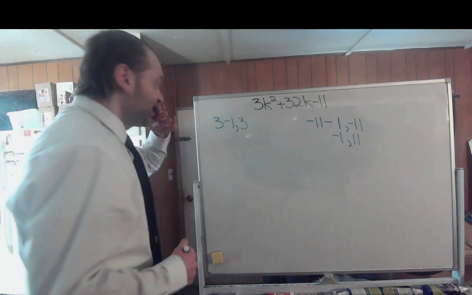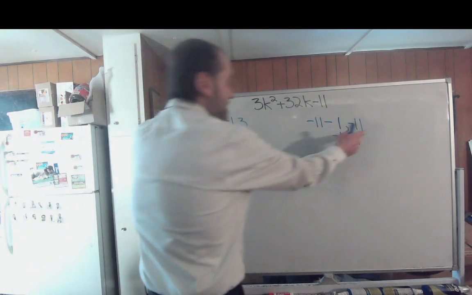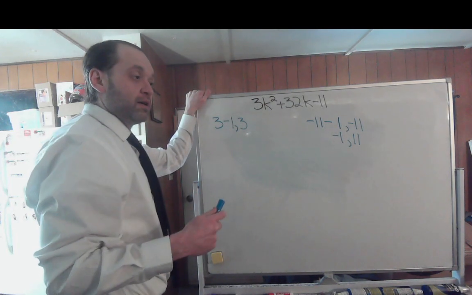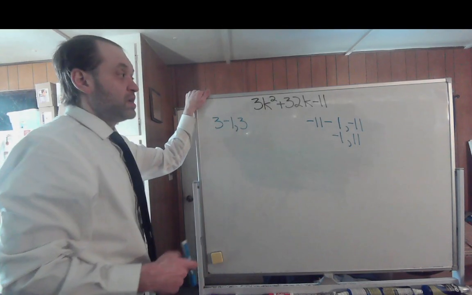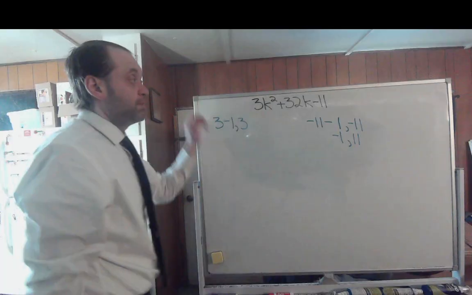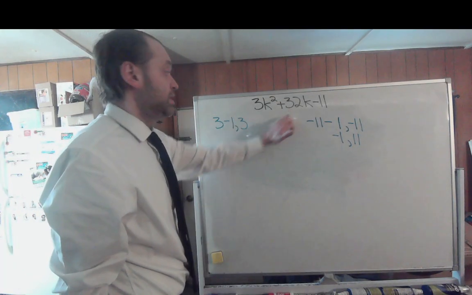So, okay, let's take 3 times negative 11. What would that give me? Negative 33 plus 1 times 1. So negative 33 plus 1 would give me negative 32.